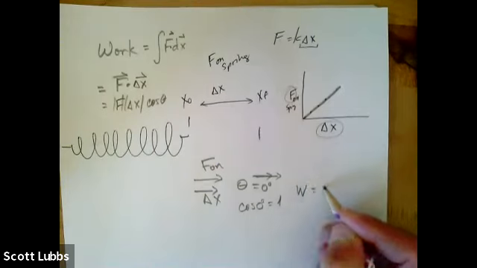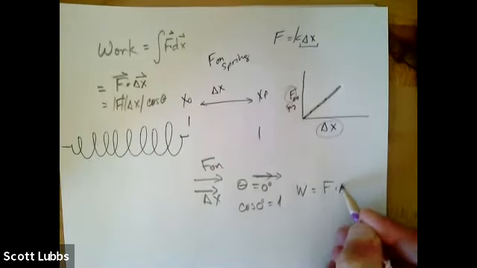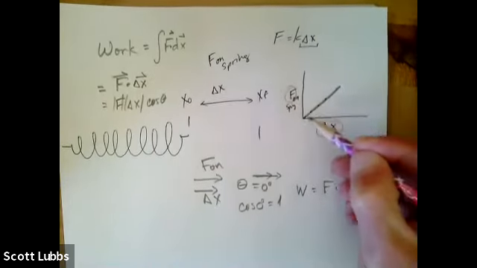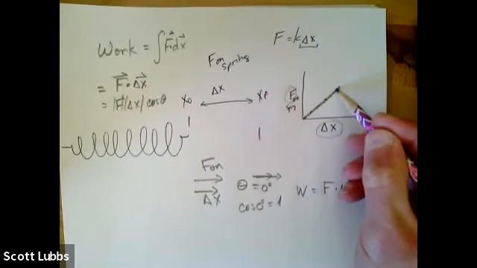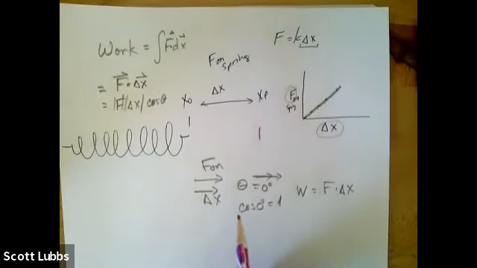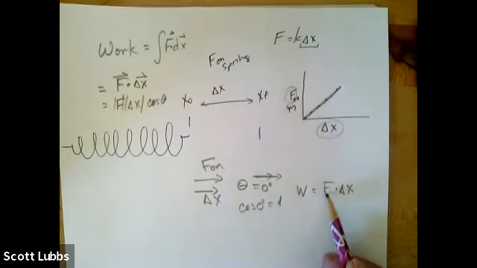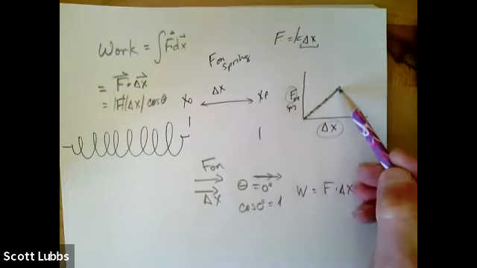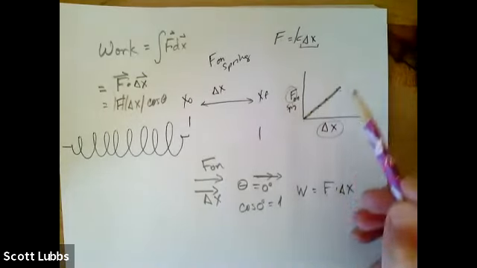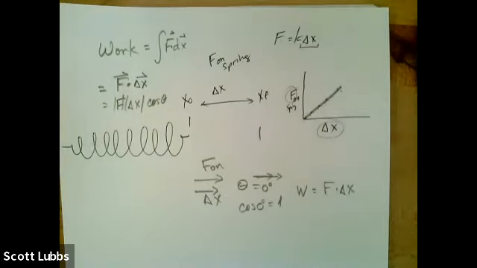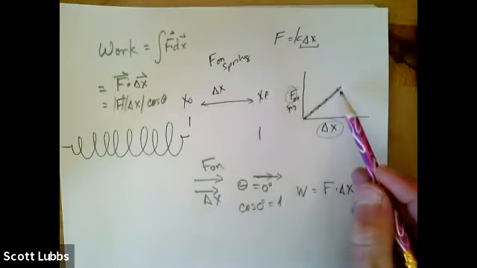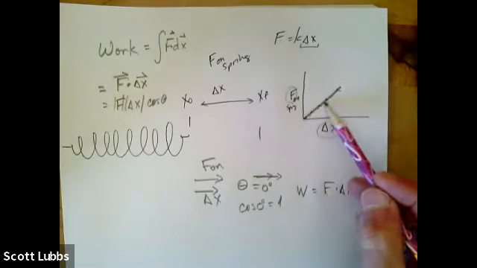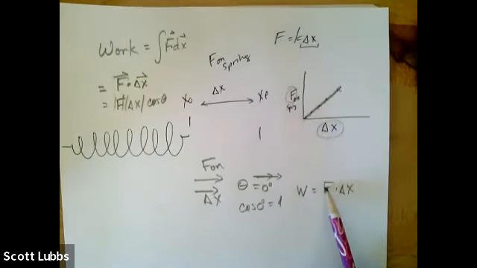So this turns into work equals F times delta X. However, this F is changing. So we stop thinking of it as that maximum F out here. That's not how much work I did, because I had a changing force. That force is delta X dependent.